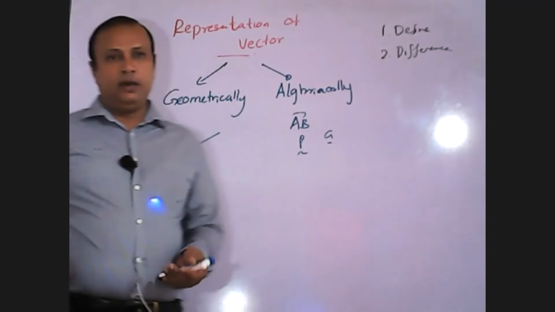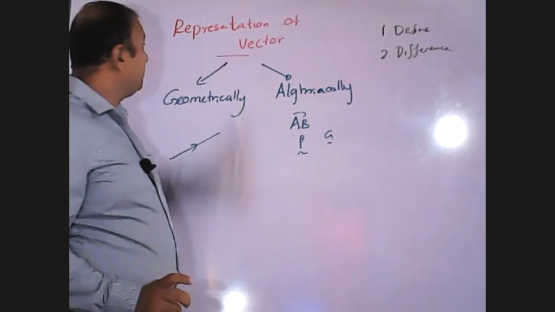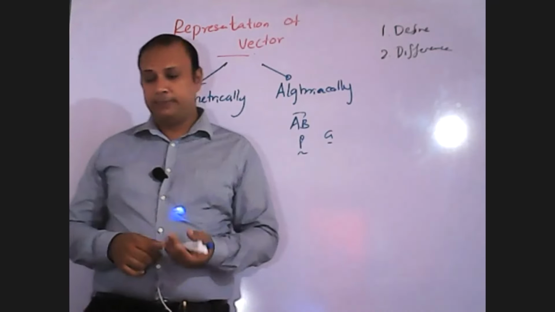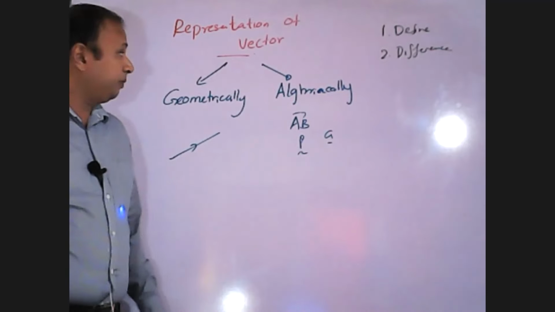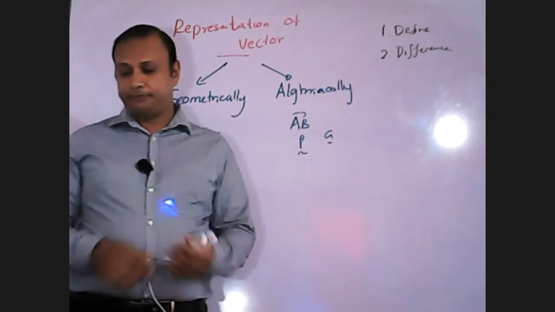Write as topic: representation of vector. Under the topic, you can write this one.